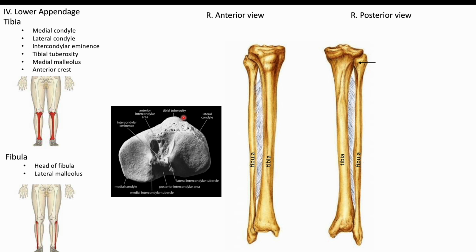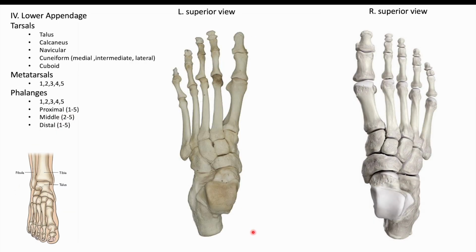And with that, let's see how the distal end of the tibia and the fibula articulate with your feet. Now in this diagram, this is looking at the superior view of the left and the right feet. Okay, so we can go through the bones of the feet.